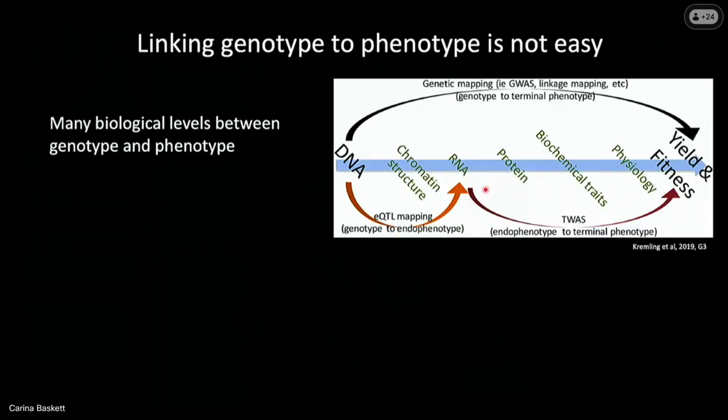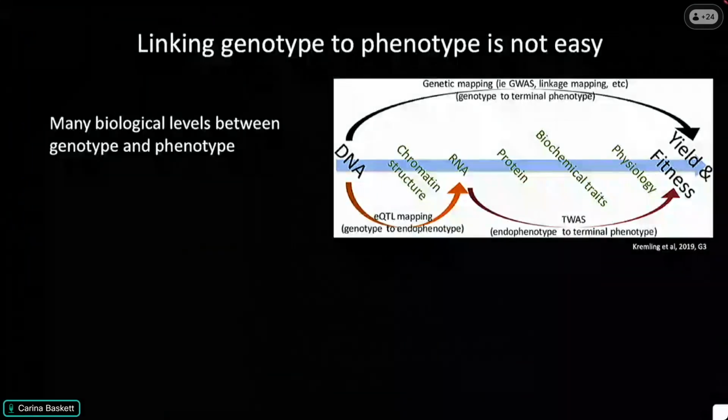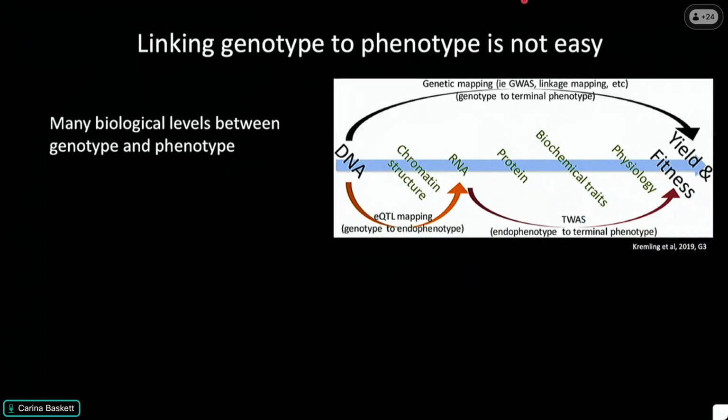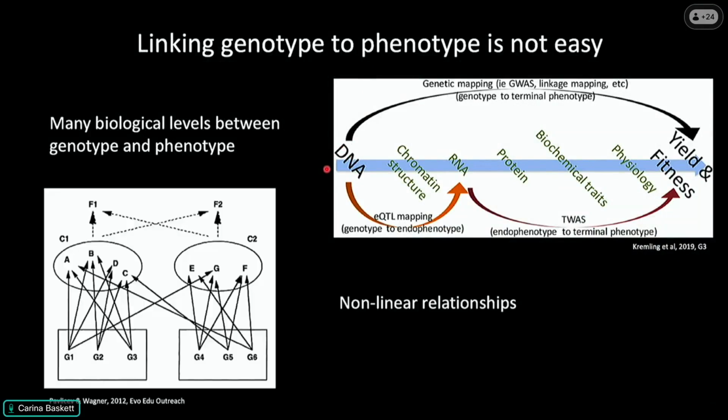So if we think about genotype, so about DNA sequence, over here, and on the other side, looking at your phenotype, which could be anything. It could be fitness related. There you can see that there are many different levels in between, and many different steps that the information takes. And often going from one step to the next level and then to the next until the final phenotype, it's not very linear.